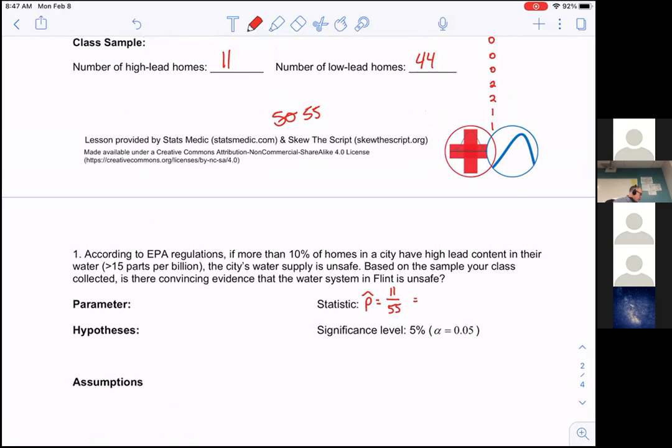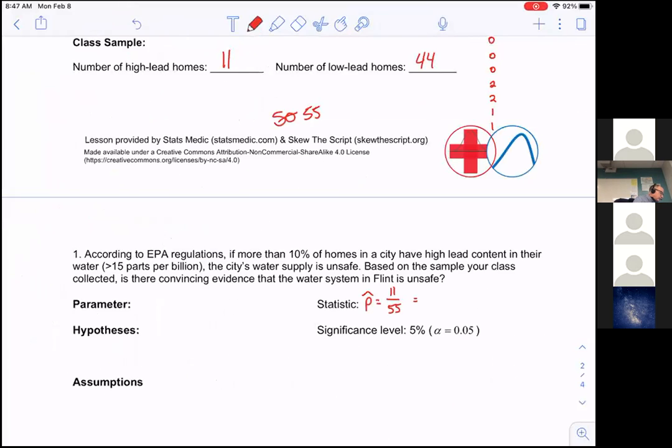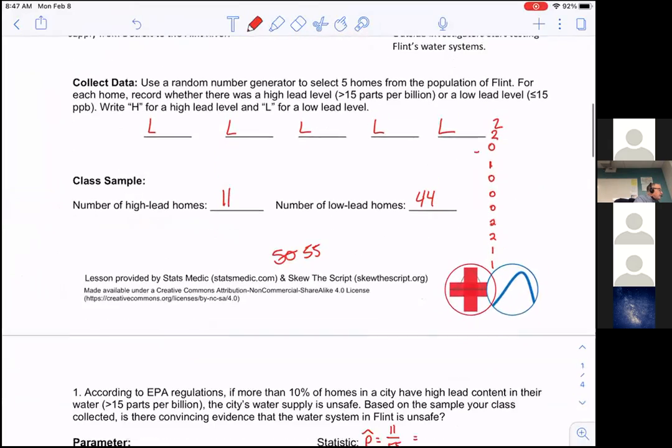Who won today? I want to say it's 0.2, but I don't trust myself. Did we double check that? It's 15 parts per million.